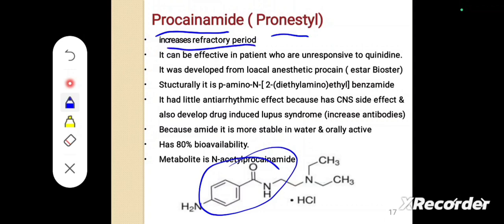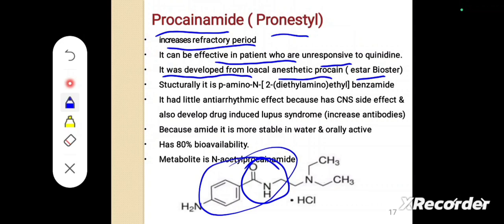It can be effective in patients who are unresponsive to quinidine. In those patients we can use procainamide. It was developed from the local anesthetic procaine, which is an ester. By replacing the ester with an amide bioisostere, procainamide was developed.